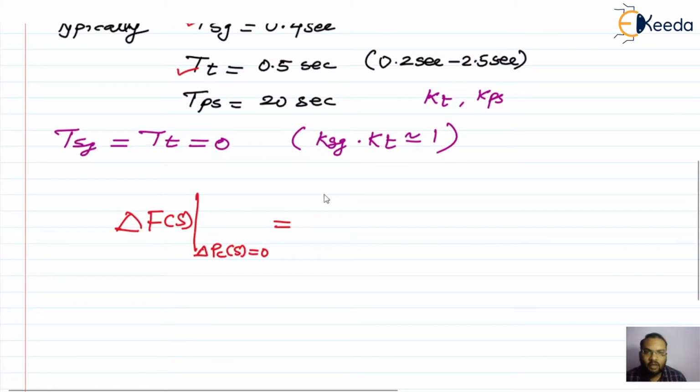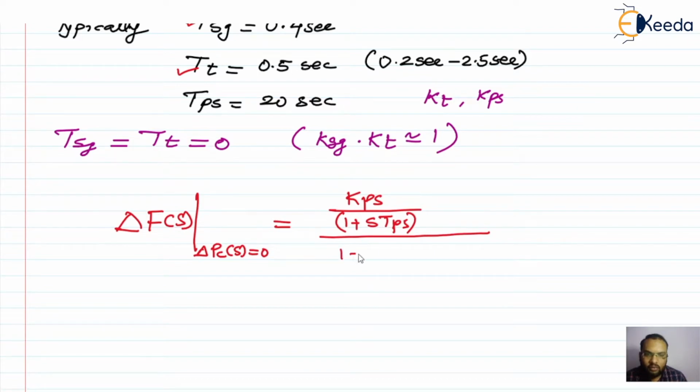I'm writing that value here. It will be KPS divided by 1 plus s TPS, divided by 1 plus KPS divided by 1 plus s TPS into 1 by R, multiplied with the incremental change in the load.